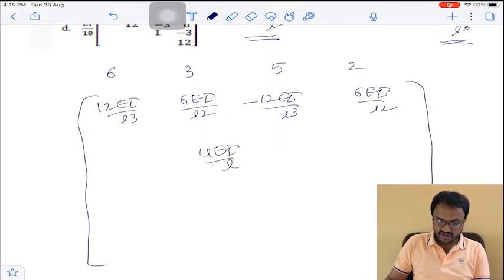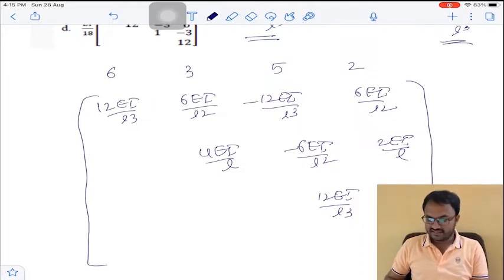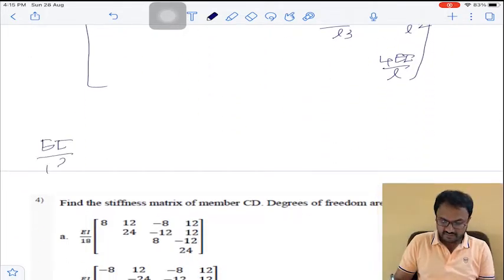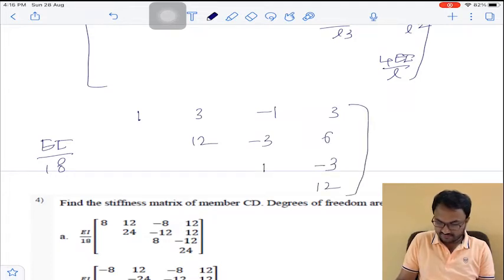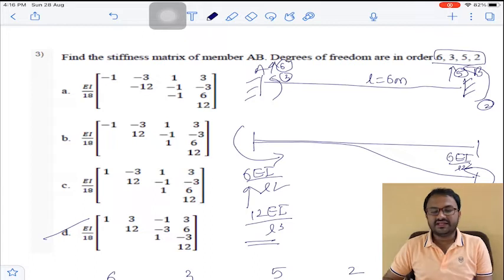It is 4 EI by L, minus 6 EI by L square, 2 EI by L. It will be 12 EI by L cube, minus 6 EI by L square and it is 4 EI by L. Clear? This is the matrix. And by substituting you will get the required values. EI by 18: 1, 3, minus 1, 3; 12, minus 3, 6; 1, minus 3; and it is 12. So this is the corresponding matrix. Answer D for question number 3.